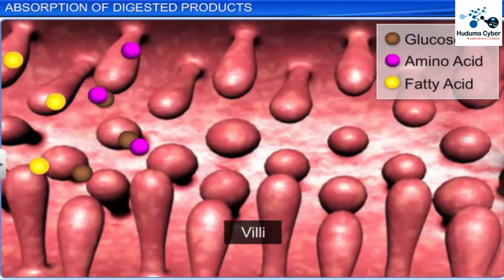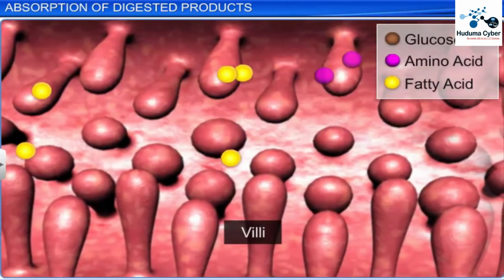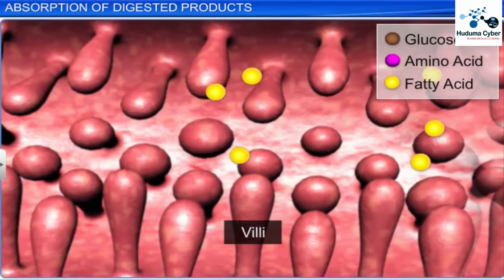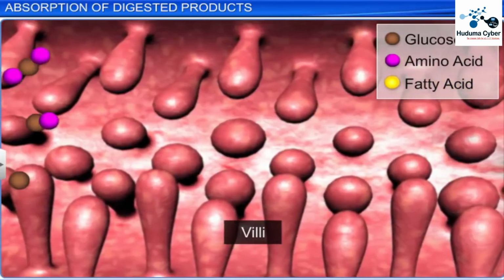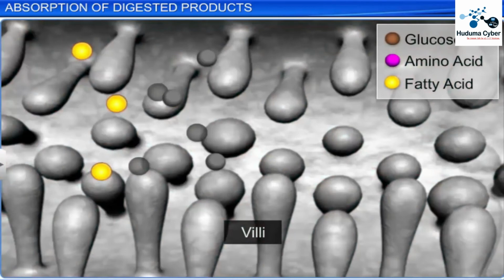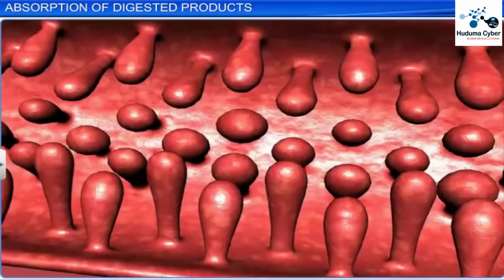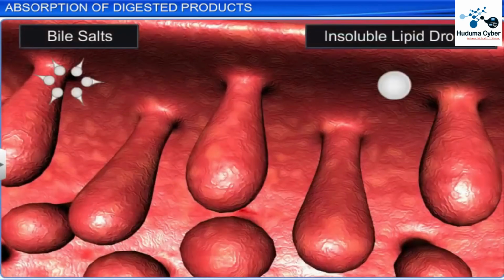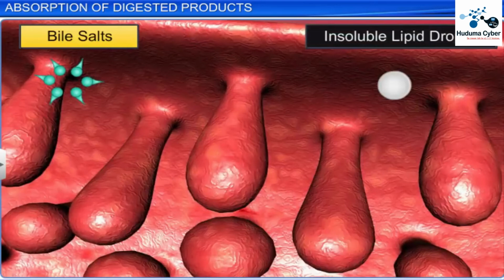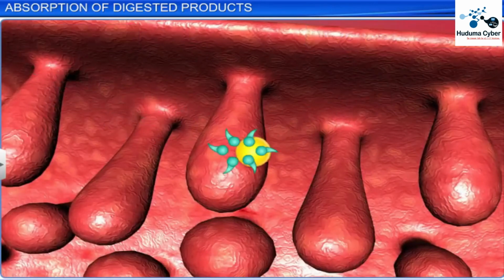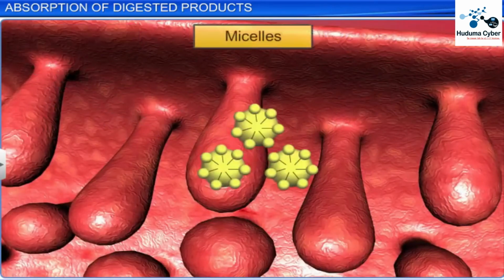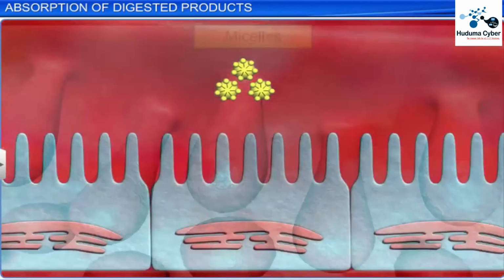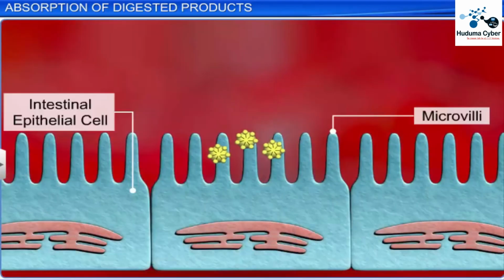Unlike carbohydrates and proteins, fats are not absorbed through the intestinal villi. Fatty acids and glycerol are insoluble in water and therefore cannot be absorbed by the intestinal cells directly. They are first acted upon by bile salts to form small spherical droplets called micelles, which can easily move through the intestinal mucosa.